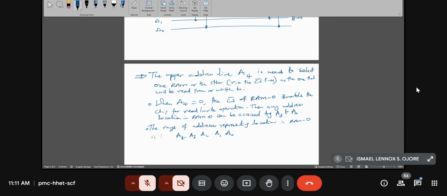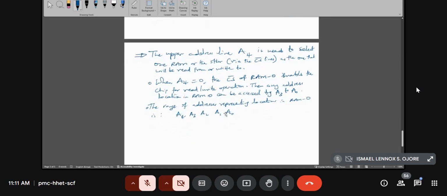What we know is A4 has to be 0 to first select the chip. Then the memory locations within the chip can range from 0000 to 1111. So that is the range for RAM 0.